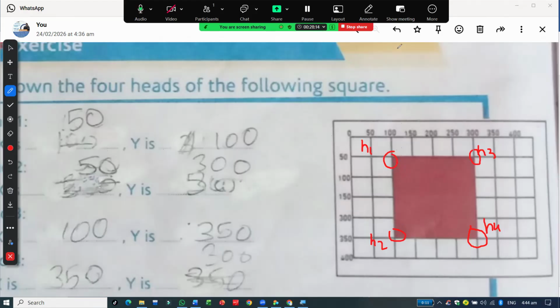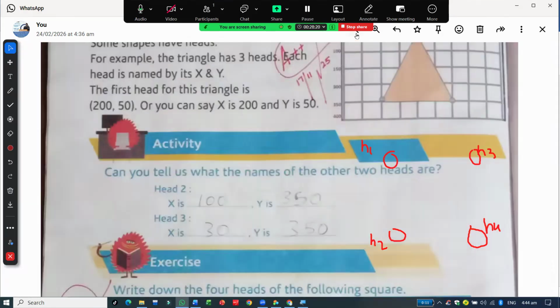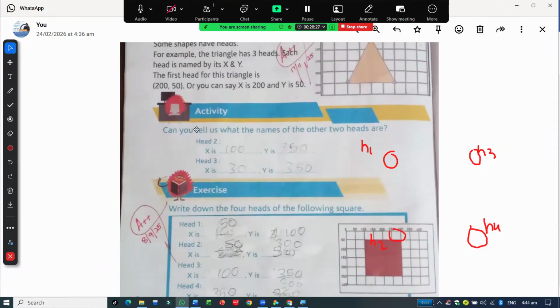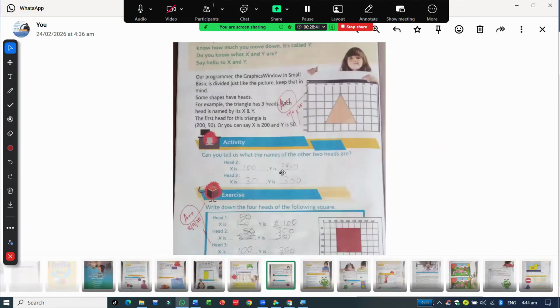So students, this is very easy to understand, how you will check the procedure on page number 46. So fill it according to your position. I hope you understand this topic. So this is your task. I'm not going to fill this. So page number 46 is done.